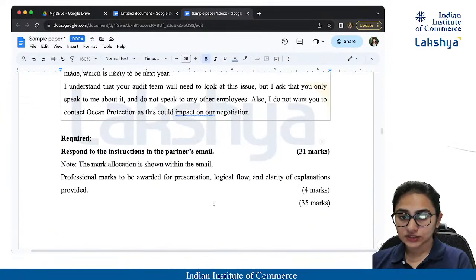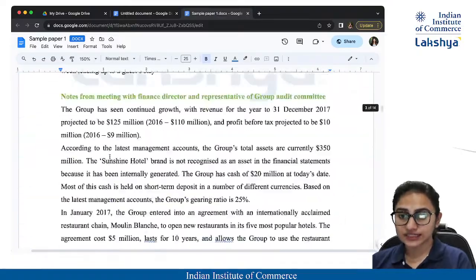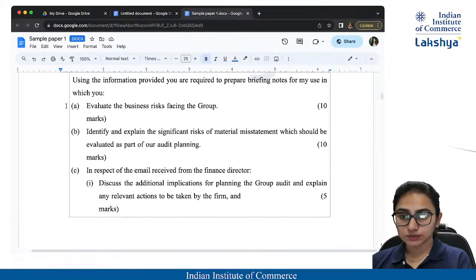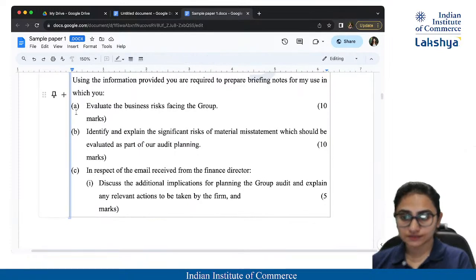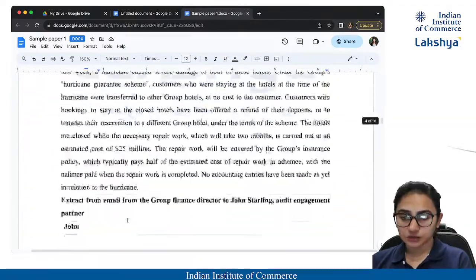And then this is the extract for John. Required, 4 marks: respond to the instructions in the partner's mail, and these are the instructions in the partner's mail that you have to respond to. A, B, C and C part 2.